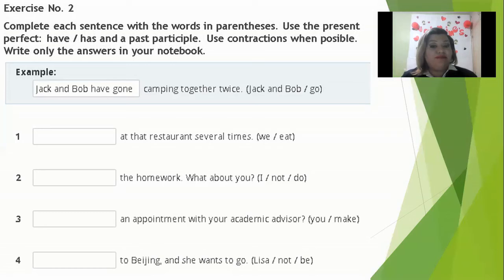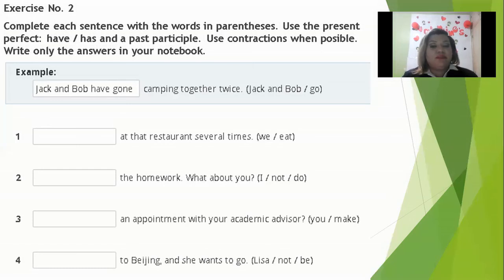Number 3, "an appointment with your academic advisor." This is a question. What do we write first if we are going to write a sentence in present perfect? We have in parentheses you and make.